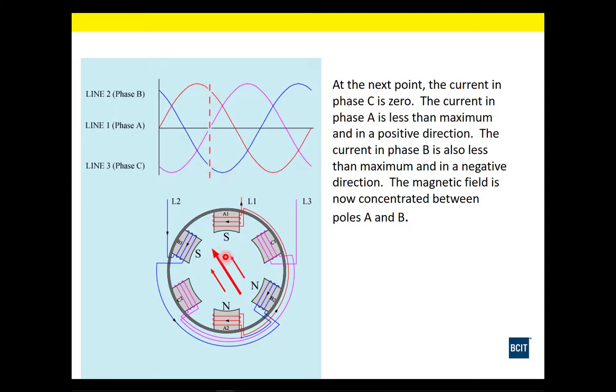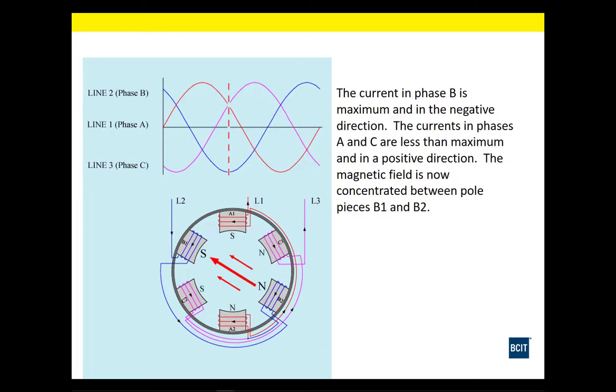So at that moment in time, we're going to have equal strength north poles on B2 and A2, and equal south pole strengths on A1 and B1. And C has no current flowing through it, so there are no north and south poles on C.